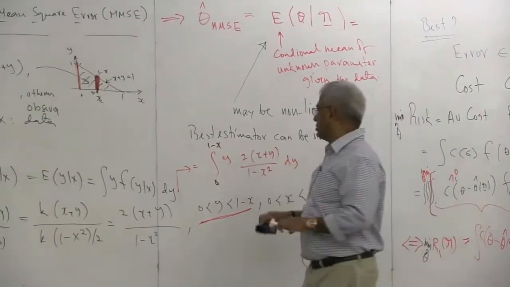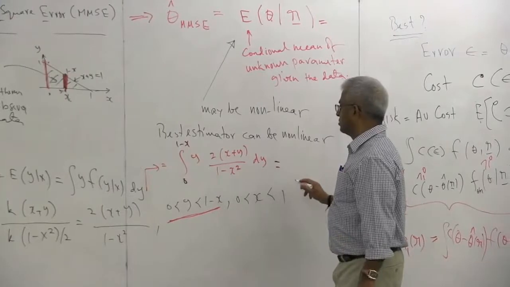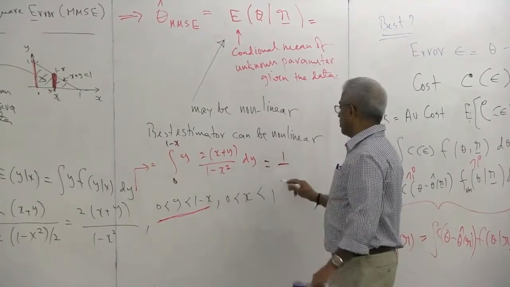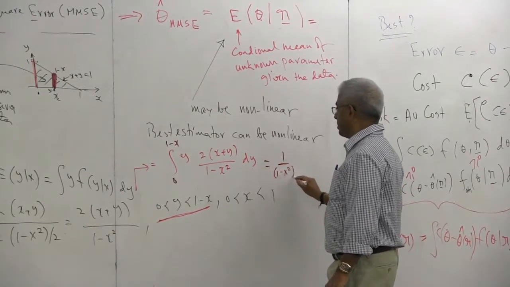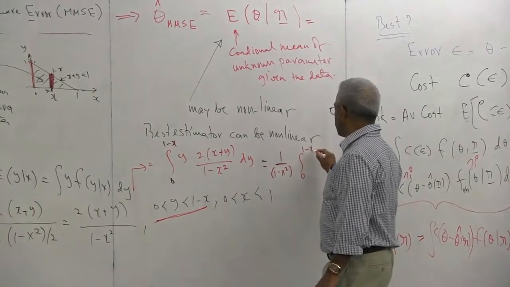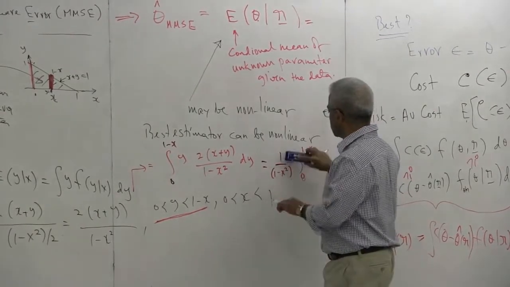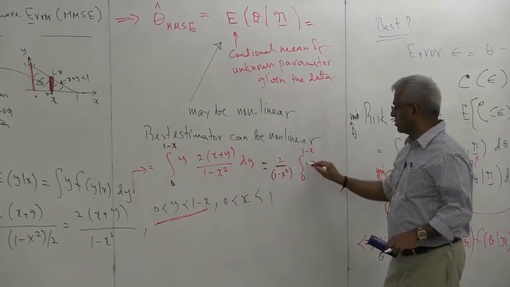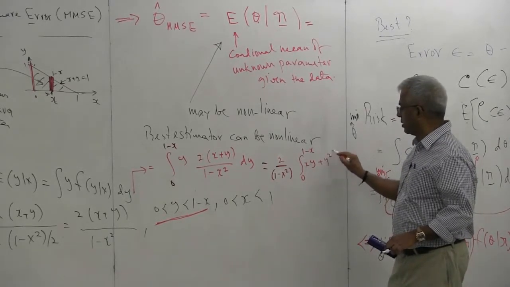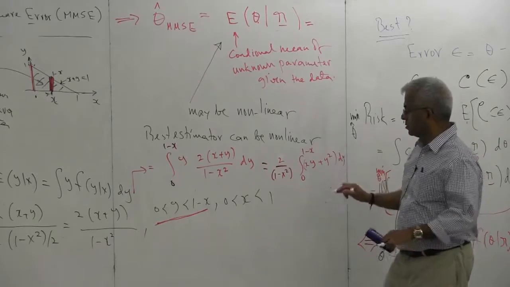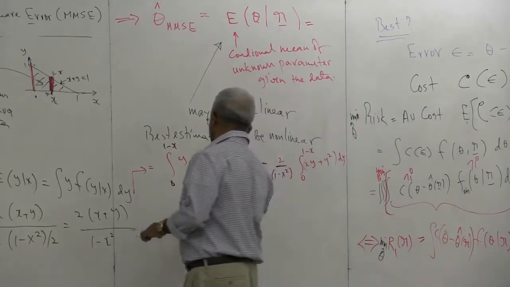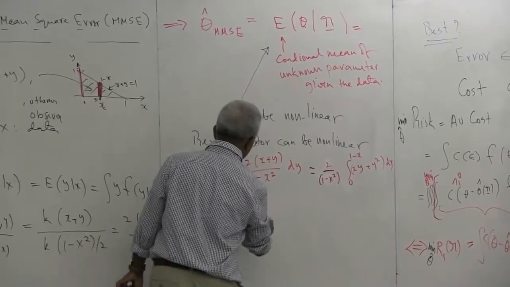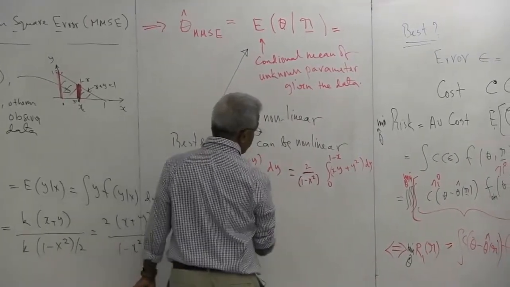So this 1 minus x squared goes outside, right? Because the integration is with respect to y. So now you just need to do this again. So the 2 goes outside, right? So you have (xy plus y squared) dy, right? So if I do this, this is 2 over (1 minus x squared). That integral is, what is it?